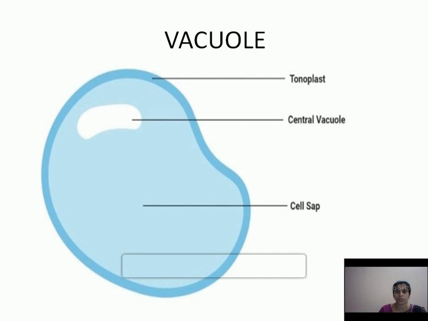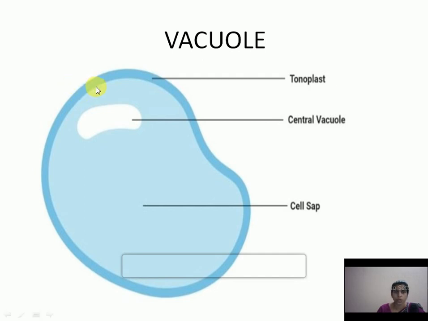Okay, and next is vacuoles. Next topic is vacuole. What is this vacuole? Vacuole means a cavity. So this cavity is present inside the cell, especially in the plant cell having the vacuole. Okay, in an animal cell it may be present or not.